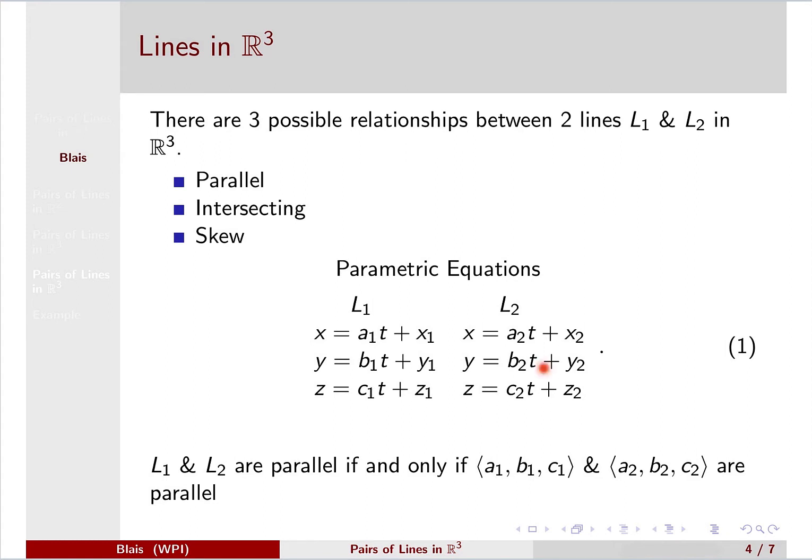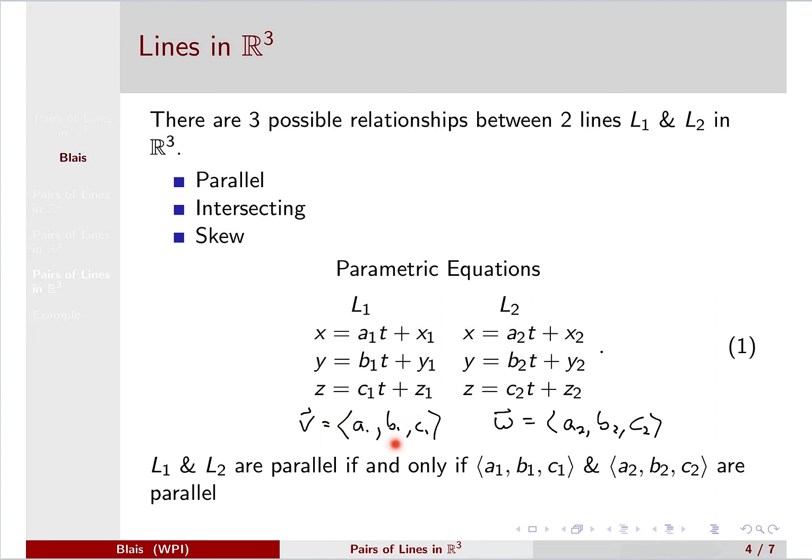So recall parametric equations for lines. When we look at these parametric equations for L1, we know that L1 is parallel to the vector V = <A1, B1, C1>, where we're getting these values from the parametric equations here. And L2 is parallel to the vector W = <A2, B2, C2>, again reading those as the coefficients for the parameter in these parametric equations.